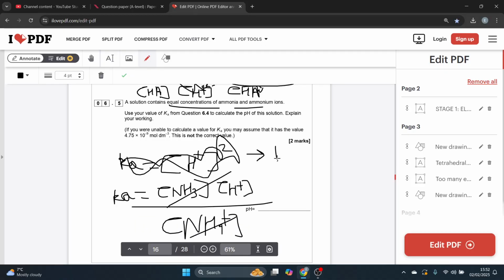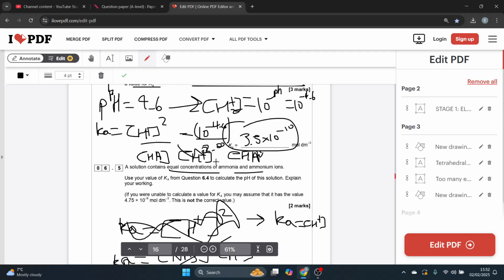Therefore, I'm left with Ka equals the concentration of H plus ions, and I've got Ka.